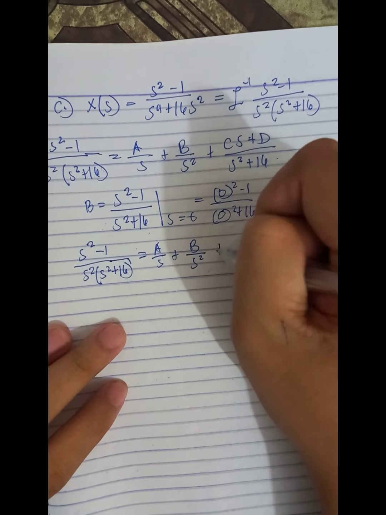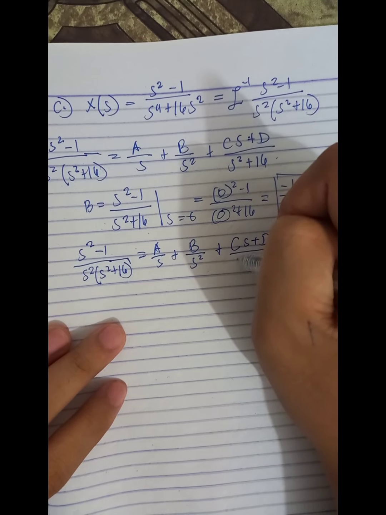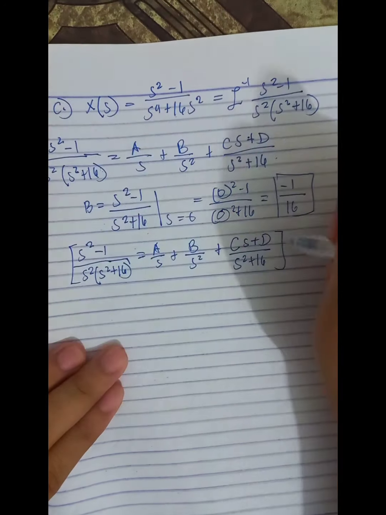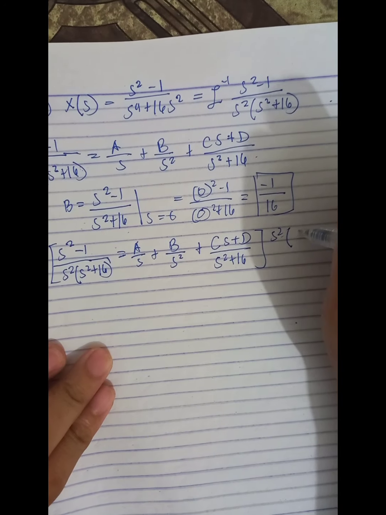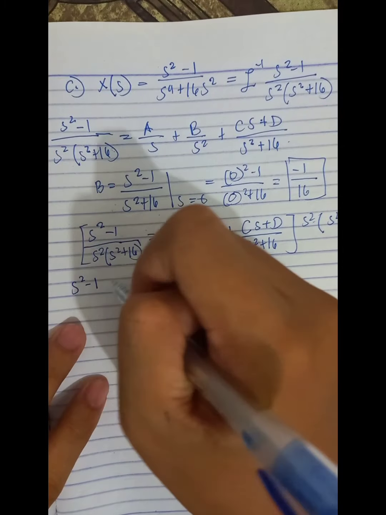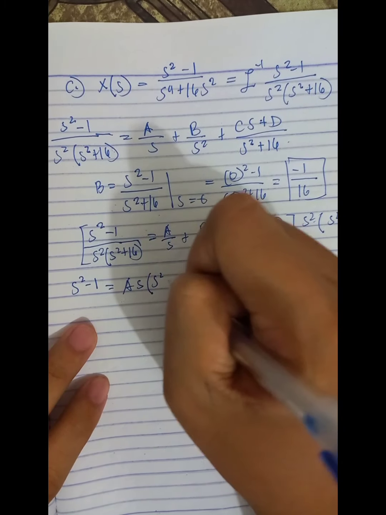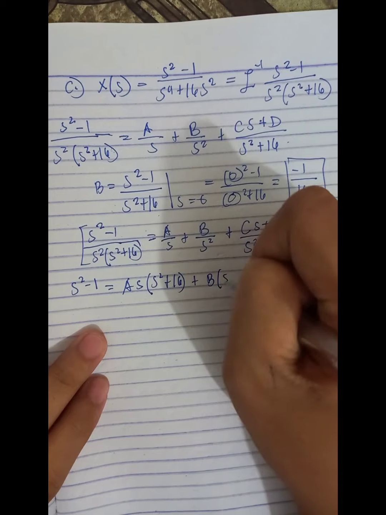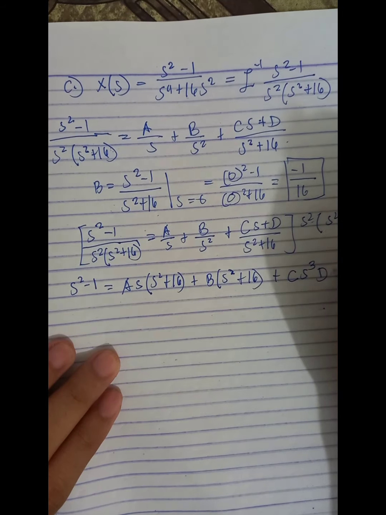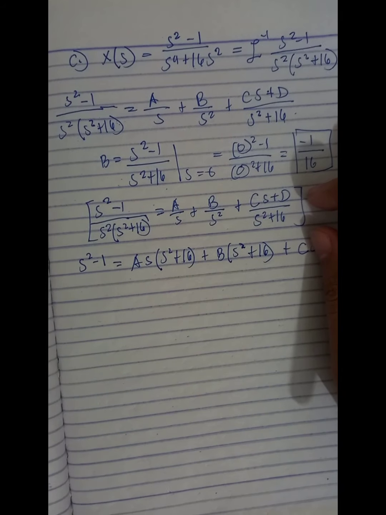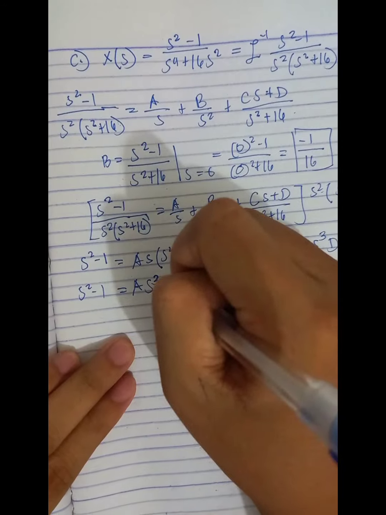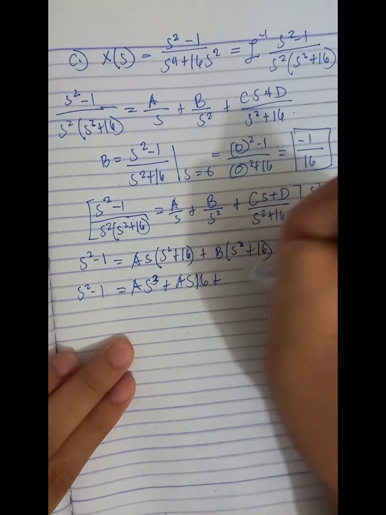So s squared minus 1 over s squared times s squared plus 16 is equal to A over s plus B over s squared plus Cs plus D over s squared plus 16. Then multiply by s squared times s squared plus 16, so that you can cancel the denominator.